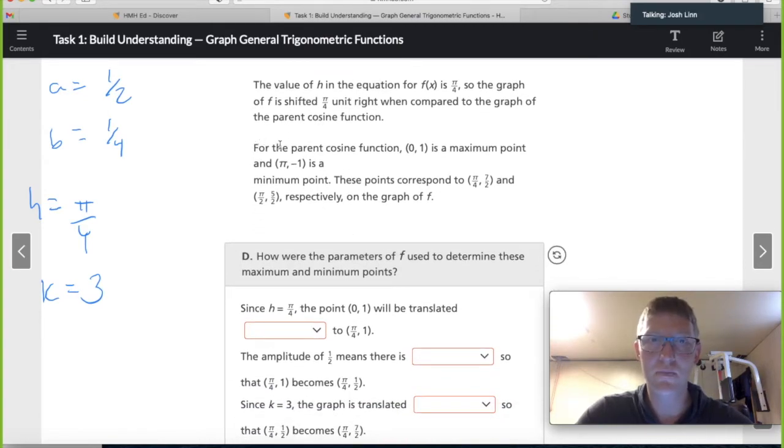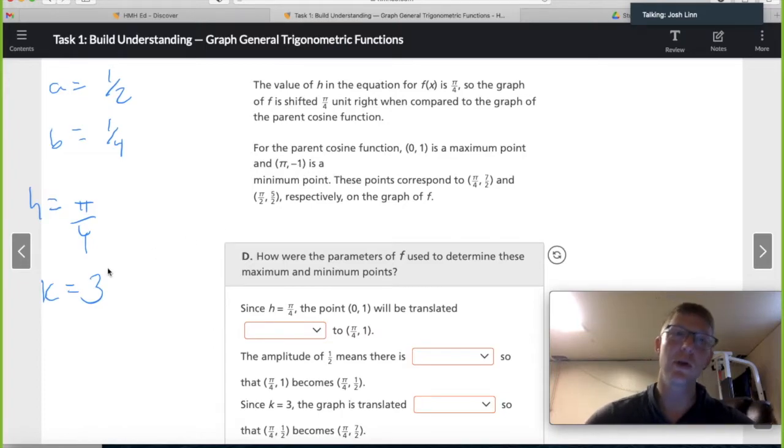Then they're talking about the parent cosine function: (0, 1) is the maximum point, and (pi, -1) is the minimum point. You can use these values to find the new maximum and minimums, or the reference points, by applying these changes.